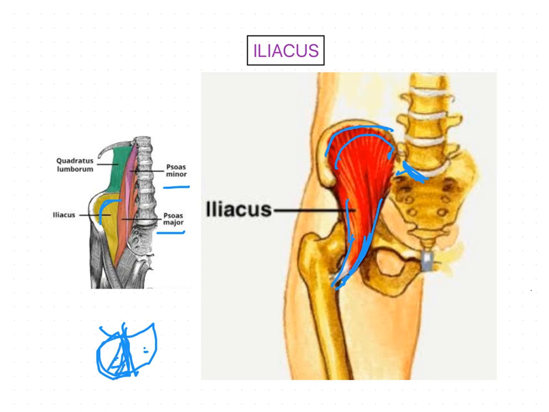This is very important and commonly asked in anatomy viva: where the psoas major is inserted, as well as the iliacus, or iliopsoas.